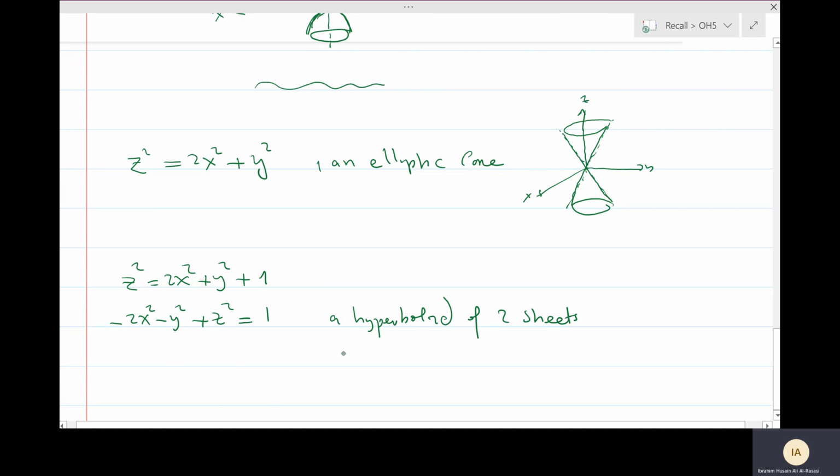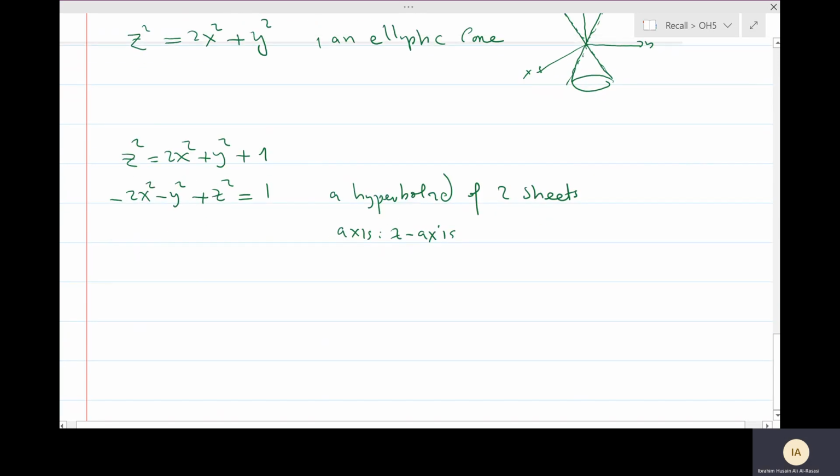What is the axis? It is the z-axis. The axis goes with the variable that has the lesser number of signs. I have 2 negative signs and 1 positive sign, and the positive sign goes with z, so the axis is the z-axis. To graph the hyperboloid of 2 sheets, find the z-intercept.